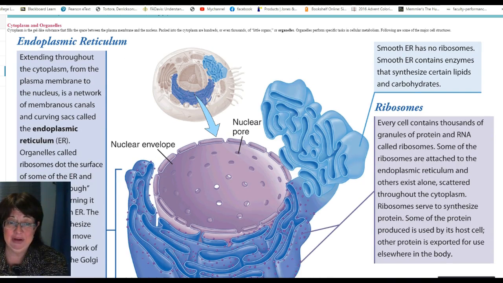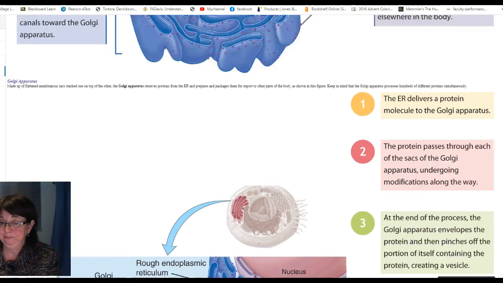We talked a little bit about the endoplasmic reticulum. The endoplasmic reticulum can be smooth and it can be rough. Smooth has the enzymes to make lipids and carbohydrates. Rough has the enzymes to make proteins.